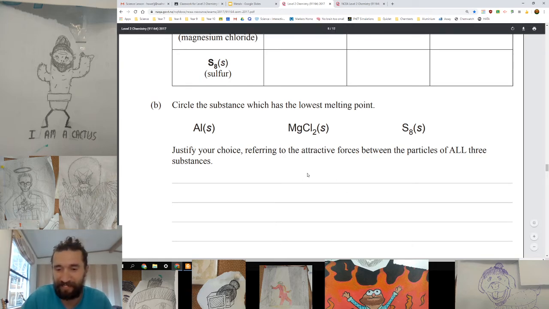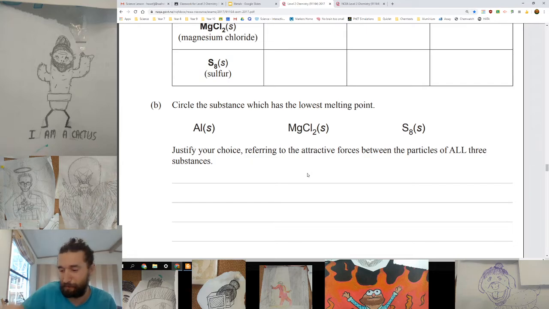Just a very standard statement saying the structure and bonding, also say strong, and these particles are held together by strong metallic forces, strong metallic bonds or strong electrostatic forces, you can call them. And then you say these bonds require a lot of energy to break, therefore they have high melting points.